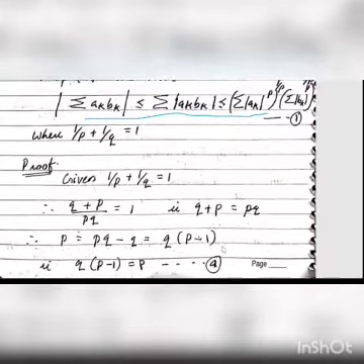We are given 1 by P plus 1 by Q is equal to 1. Therefore, taking the LCM, we get Q plus P is equal to PQ, or P is equal to PQ minus Q, which is Q into P minus 1. So P is equal to Q into P minus 1. That is one result we need.